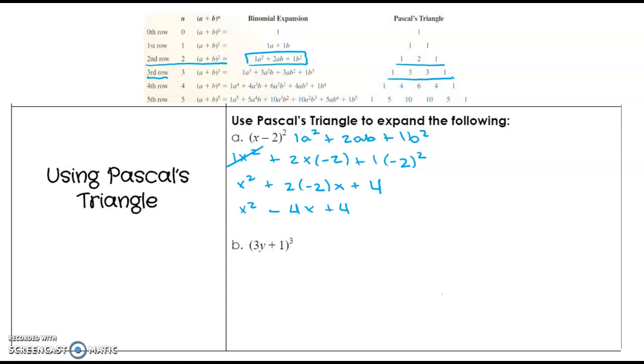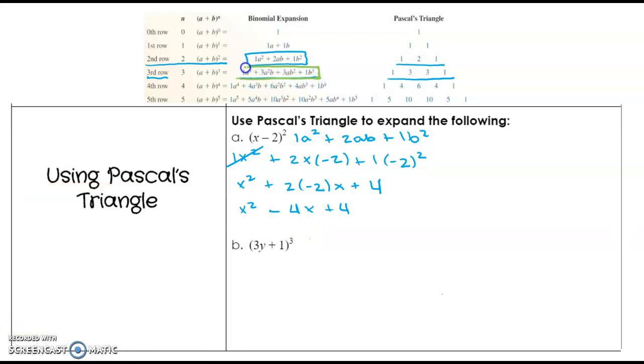So if you remember our problem that we did on the very first page, our third problem, we had coefficients 1, 3, 3, and 1. So here we're going to have the same thing. And so now we're going to follow this binomial expansion, and I'm actually going to change my color here so that we can see a little bit clearer what we're looking at.